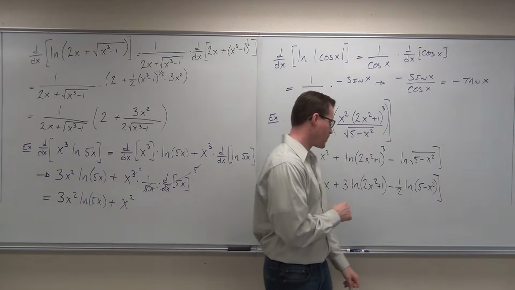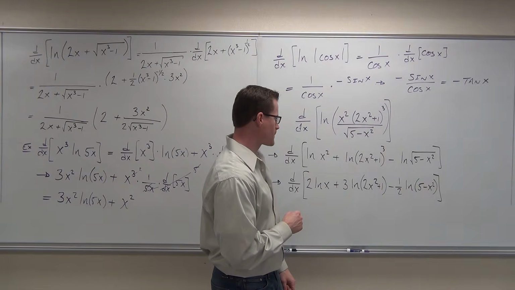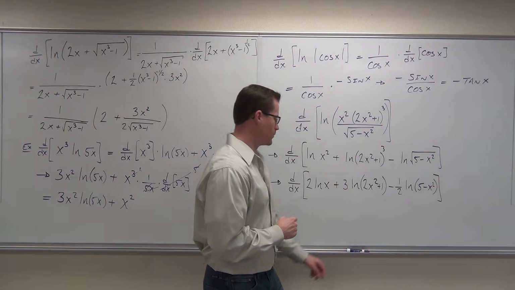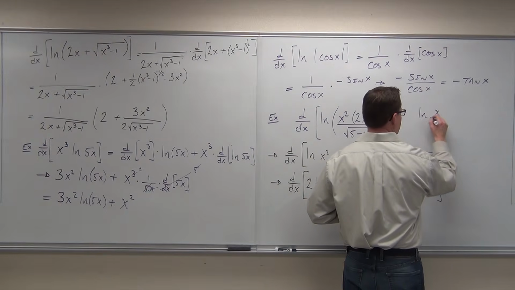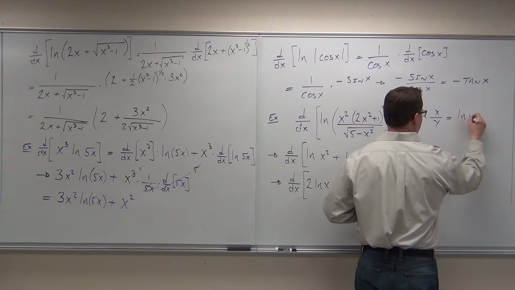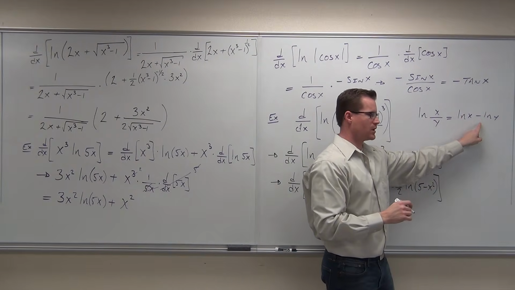Question? I think what you said is because you used subtraction for the rule to expand it, and it was originally a negative exponent, so would it be an addition? Like, because it was at the bottom, the square root of 5? No, it doesn't matter. Let's split, like when we did something like this, ln of x over y, we do ln x minus ln y. This takes care of the negative exponent for us.